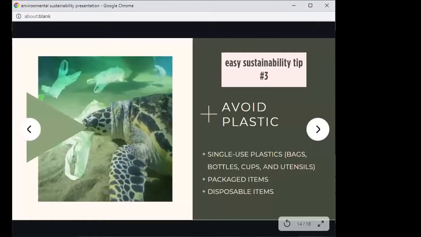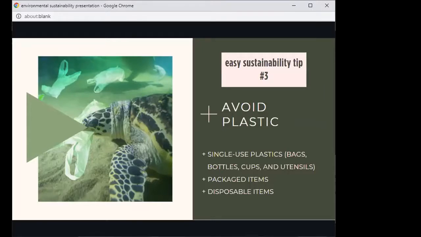So that brings me to my third and final, what I would consider easy, or maybe more like a lazy person, sustainability tip. And I'm not going to lie, this is actually probably the hardest of them, but I'm going to say it anyway, just because it's so important. Whenever possible, you want to try to avoid purchasing anything that's plastic or in plastic.